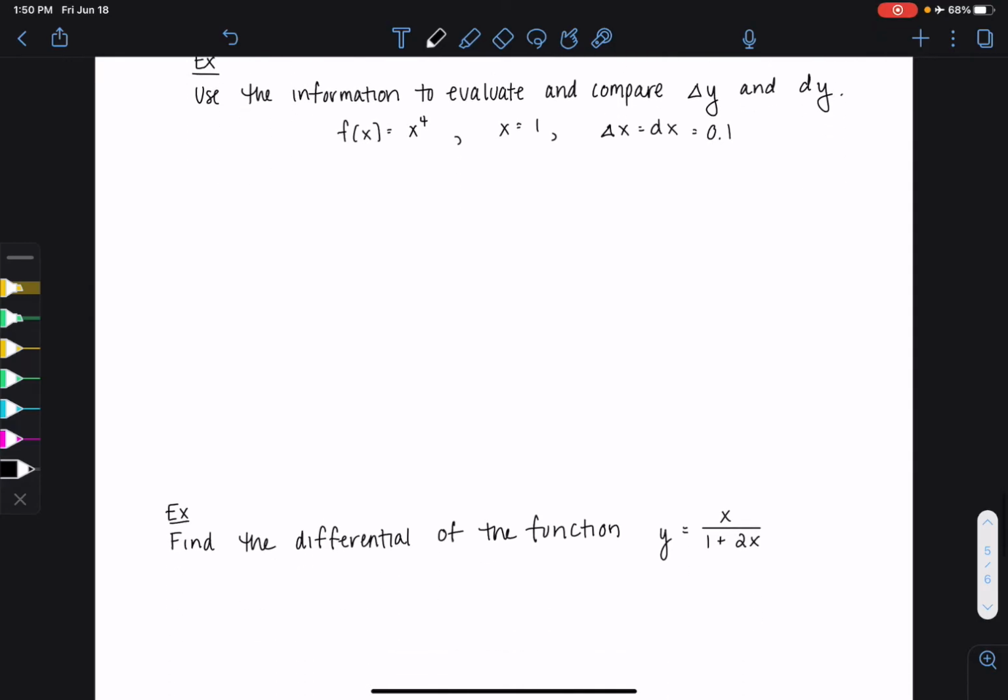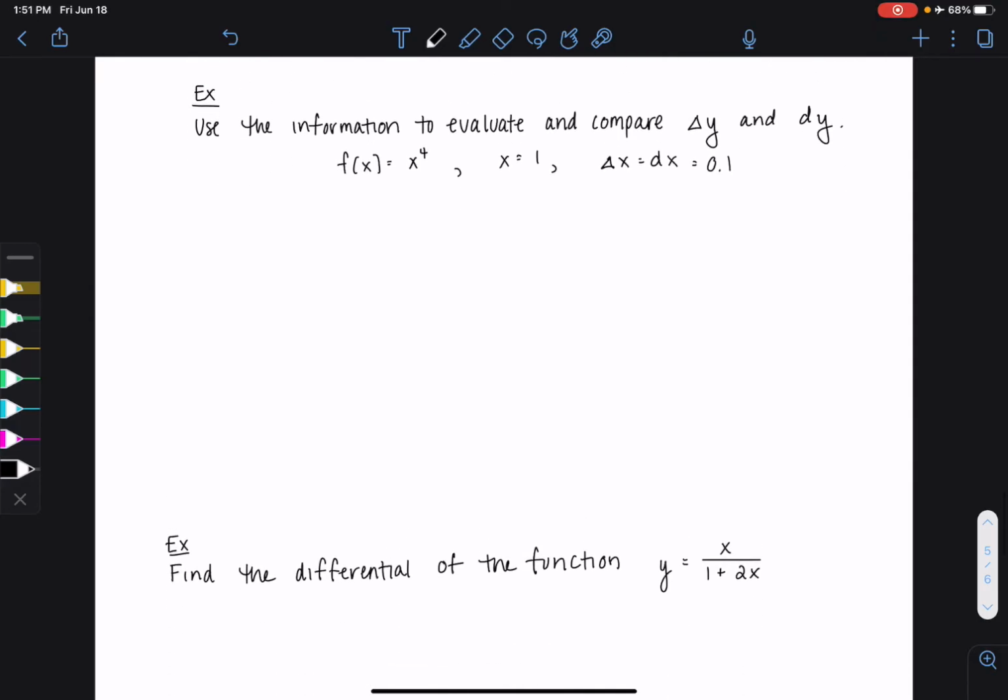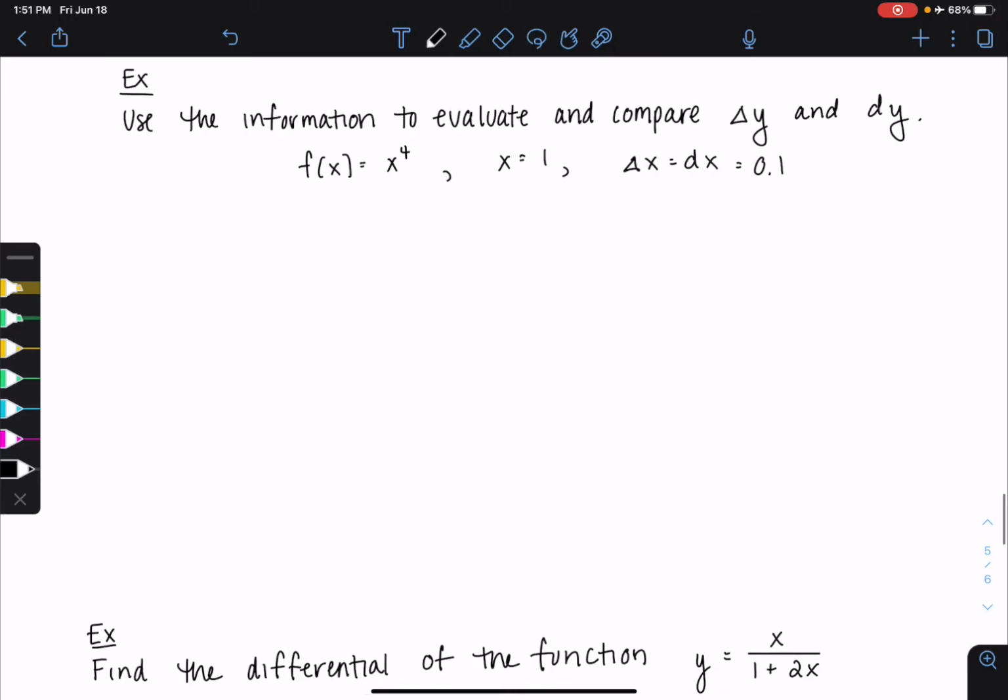So what I'm going to do first is draw a little bit of a picture, because we know what x to the fourth looks like. It goes through the point 1, 1. And so the graph of this function looks a lot like a parabola.